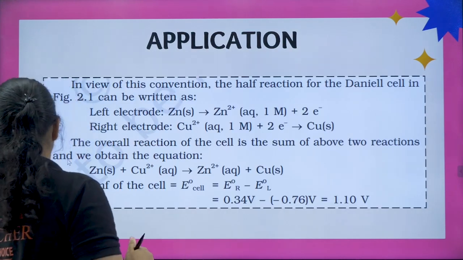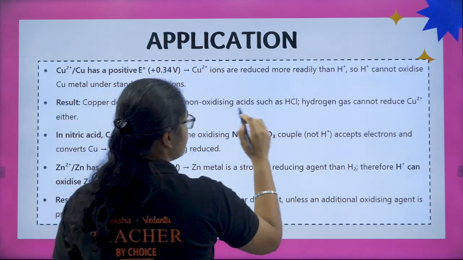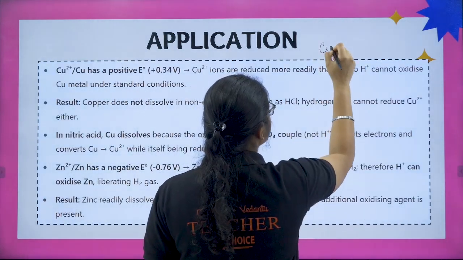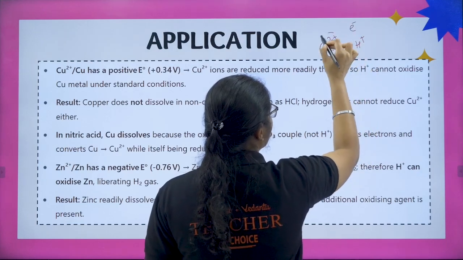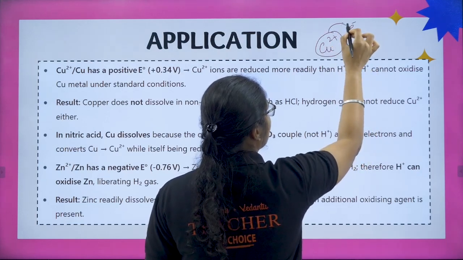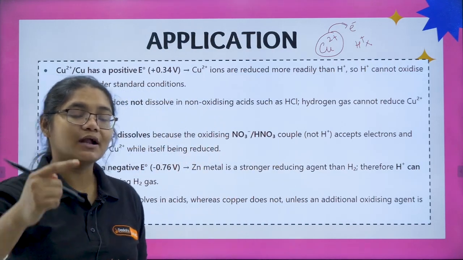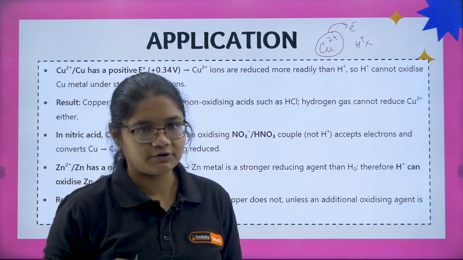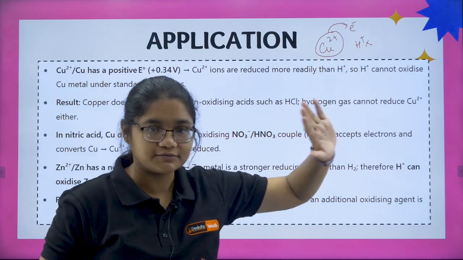Just imagine you have here copper 2+ and H+, and we have an electron. Copper's reduction potential is more, so it will undergo reduction. H+ will not undergo reduction. Only when H+ undergoes reduction will H2 gas form. But here copper 2+ will undergo reduction, so H2 gas will not form.